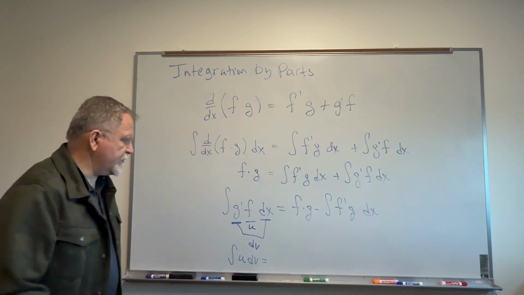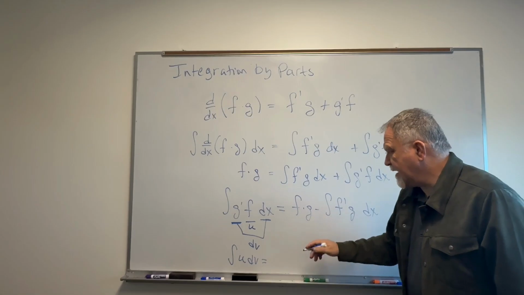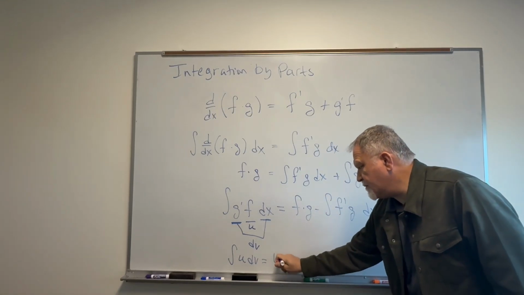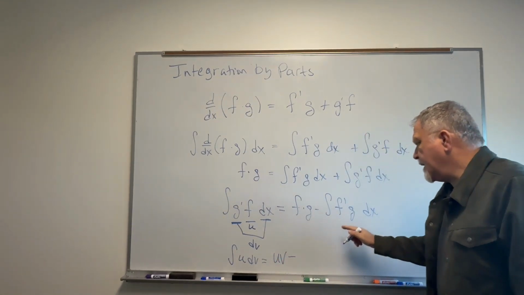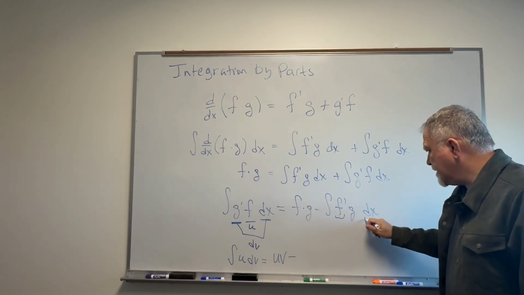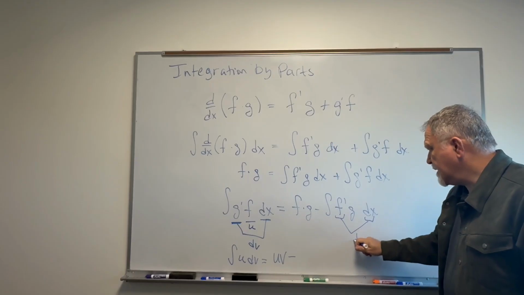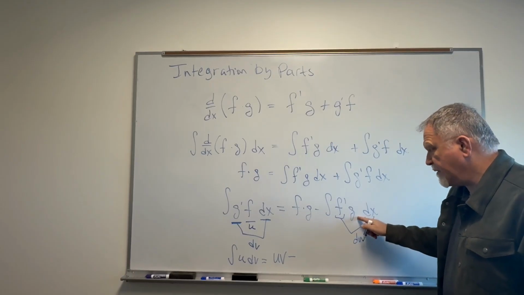Let's move over to this other side. F was u, g is v, so this is u times v, minus f was u, so this f of u and dx, this is going to become du, and again g is what v was.